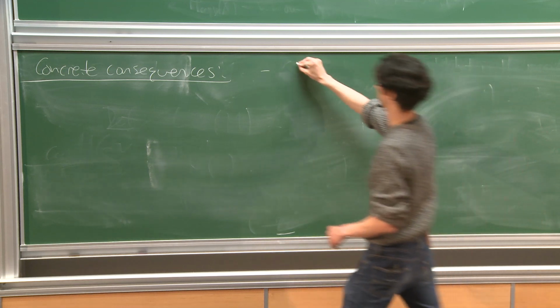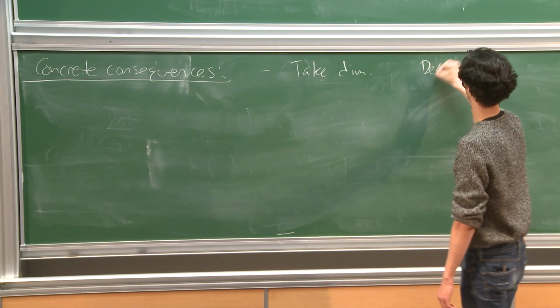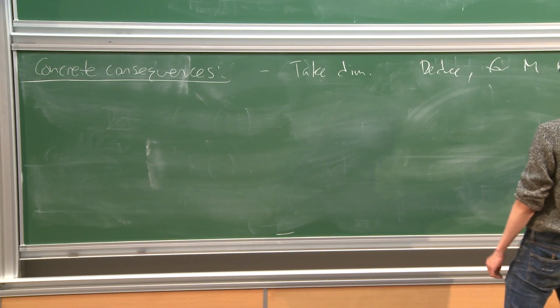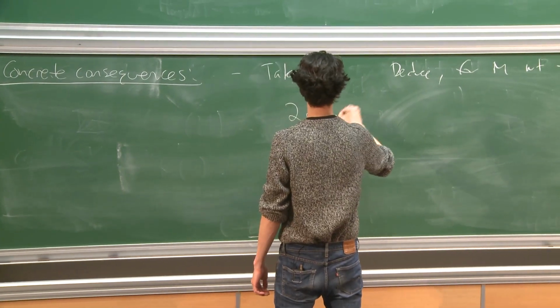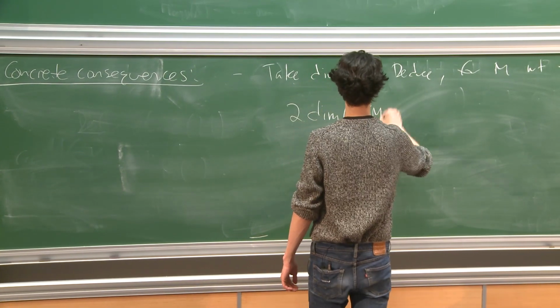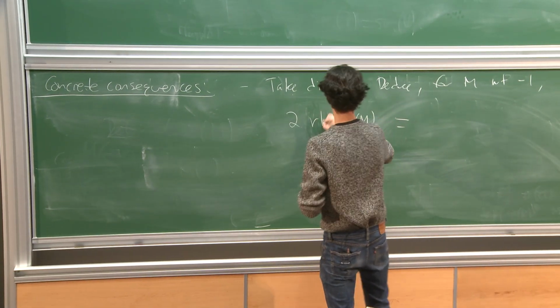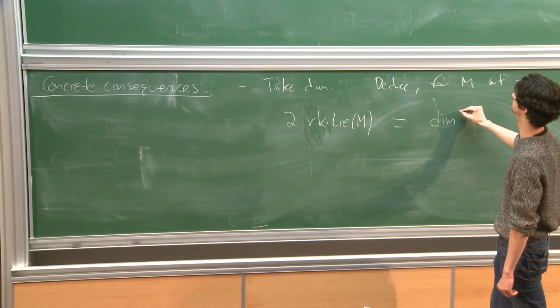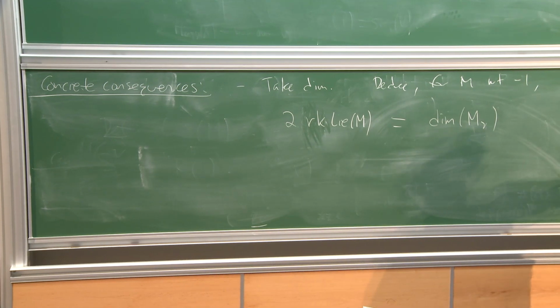And so take dimensions, and we deduce for M of weight minus 1 that twice the dimension of the Lie algebra of M is the same, or I was using rank, I'm sorry, is the same thing as the dimension of the nu-adic realization, so for all nu.